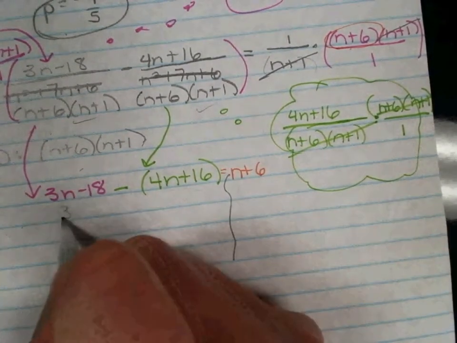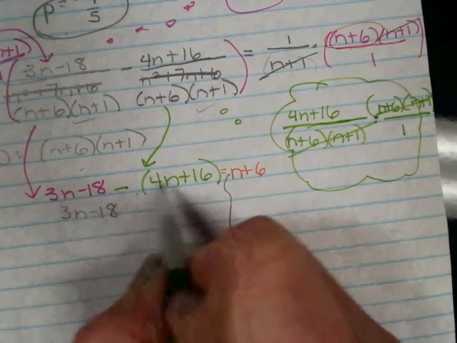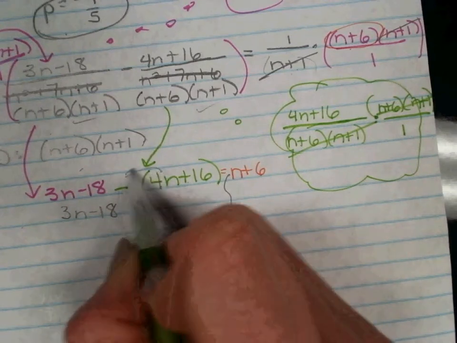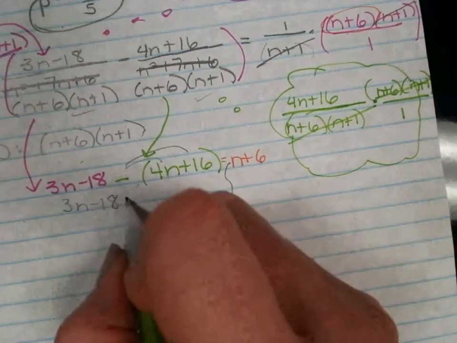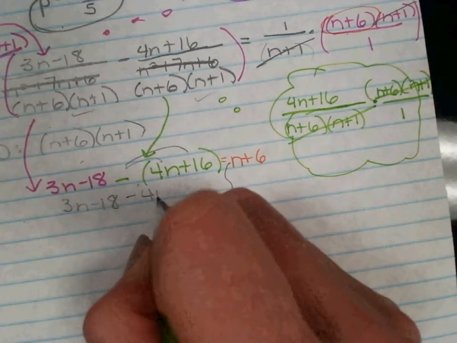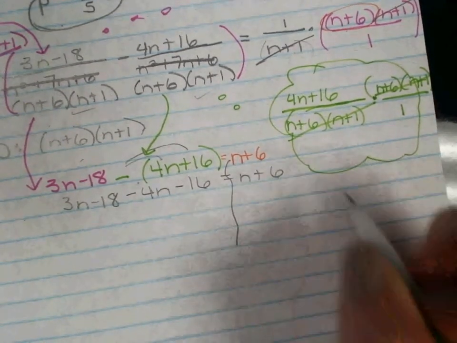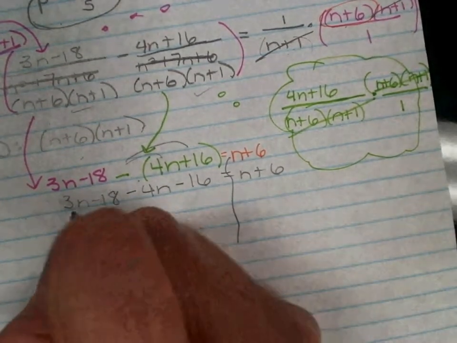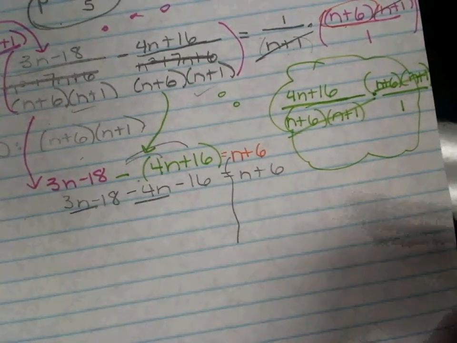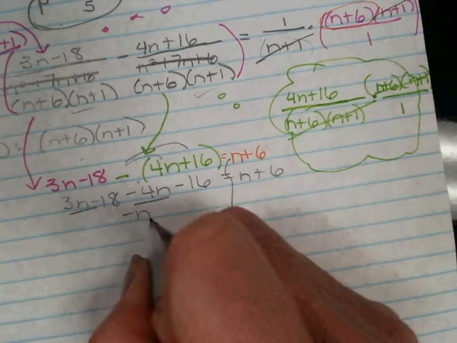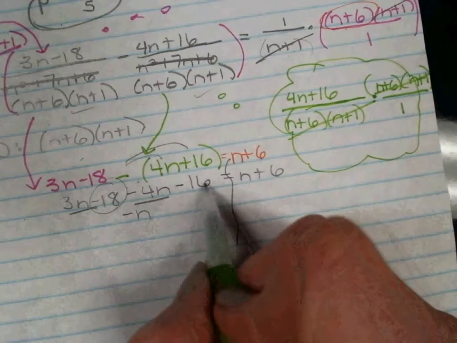Deep breath. So we distribute the minus sign. That's the most common mistake you're going to make, forgetting to distribute a minus sign. So minus 4n, minus 16. Combine some like terms. 3n minus 4n is negative n.